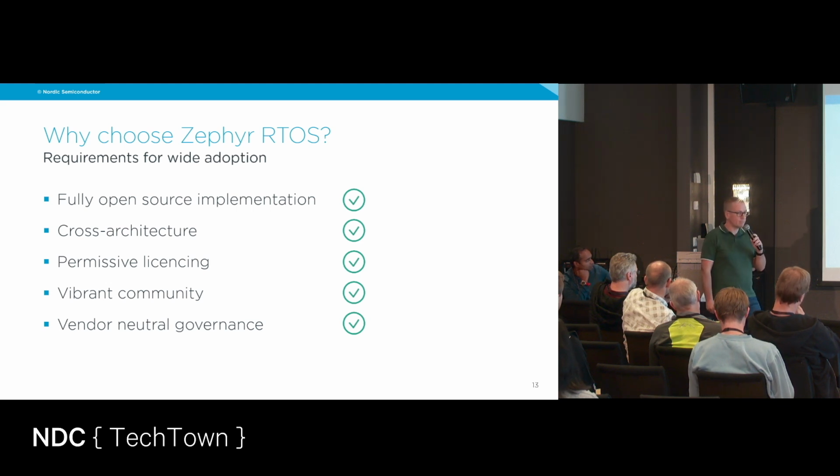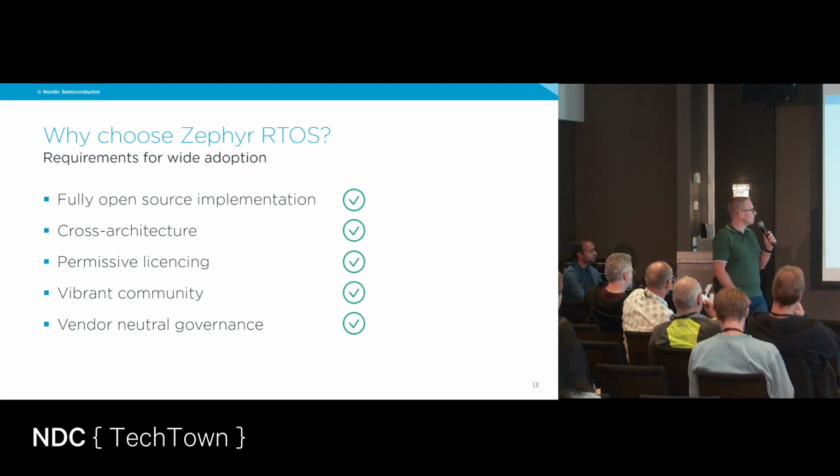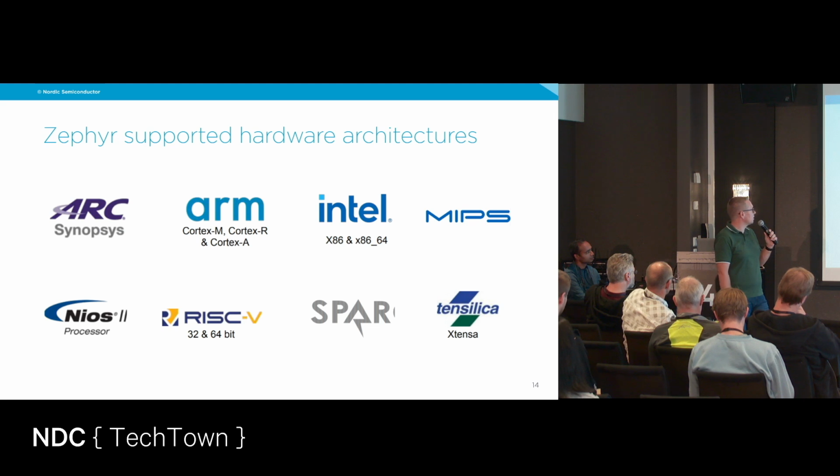Permissive licensing. You also need a vibrant community, and that last point might require some slides because it needs more explanation, but it's also a very important point. So yes, you have cross architecture. I'm not going to say it, but it's the Apache 2 license, so that's the license part.